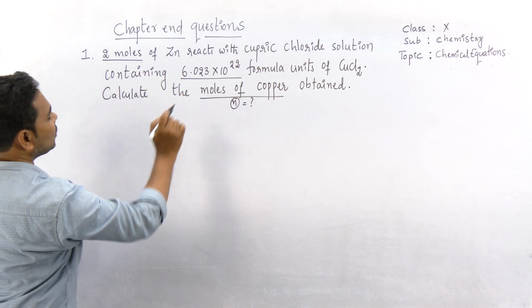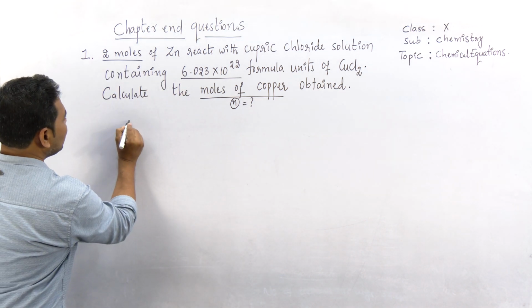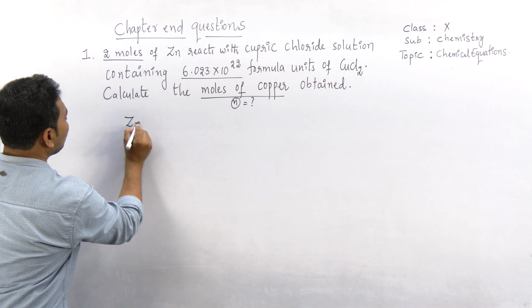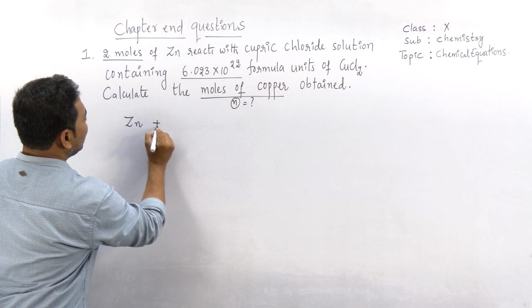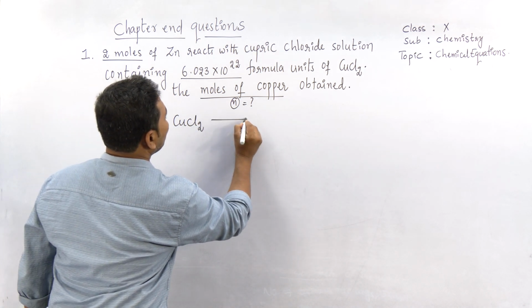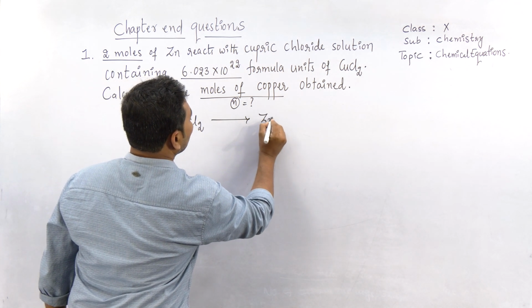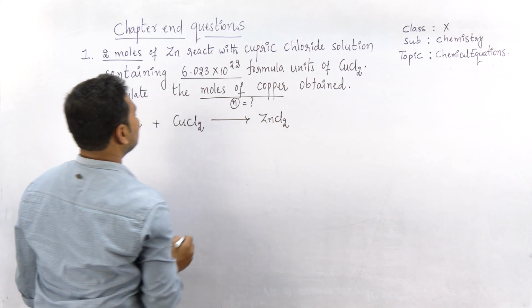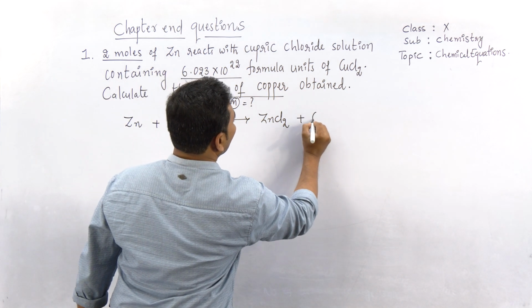So zinc reacts with cupric chloride solution. Zinc is a metal, monoatomic, so we write the symbol Zn, plus cupric chloride CuCl2, gives rise to zinc chloride plus copper.